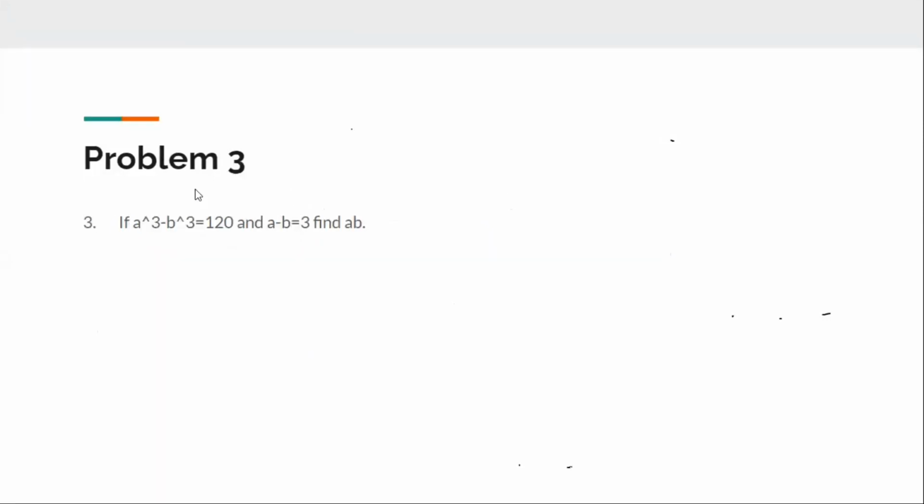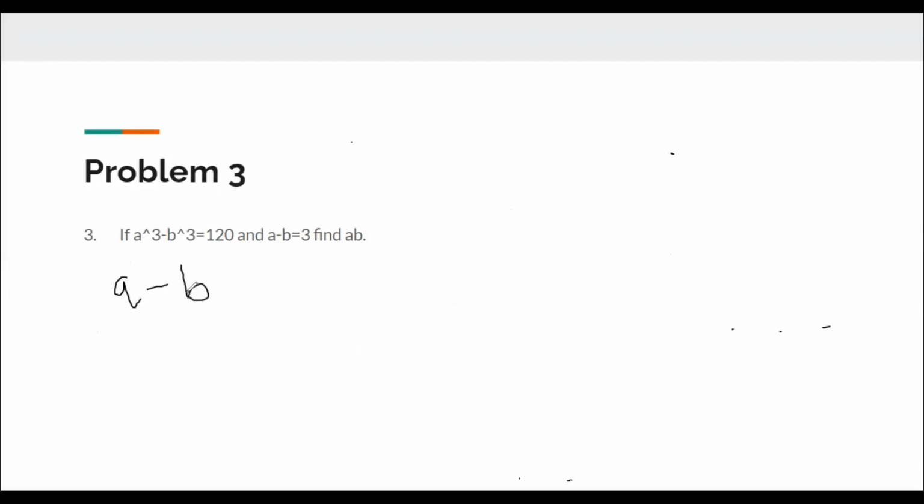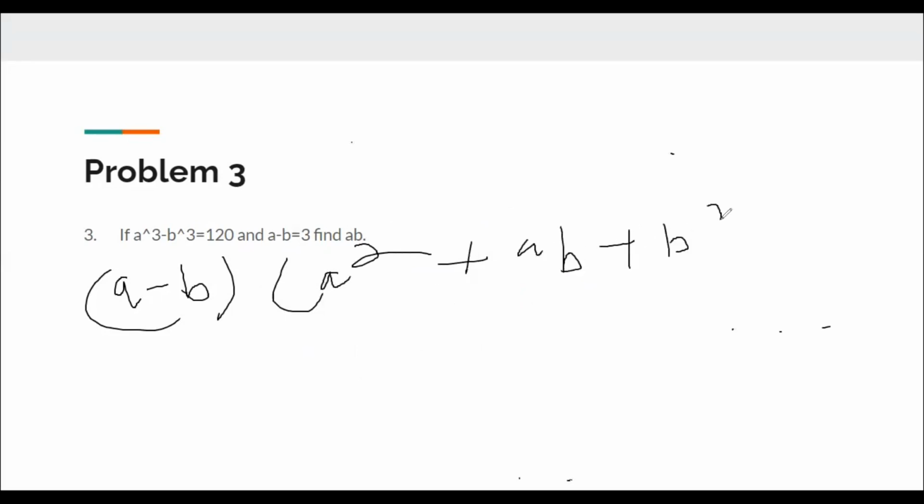A cubed minus b cubed is equal to 120, and a minus b is equal to 3. Find ab. You can factor this because a cubed minus b cubed is a minus b times a squared plus ab plus b squared. So if this is equal to 3, then this is going to be equal to 40, because this whole thing equals 120.